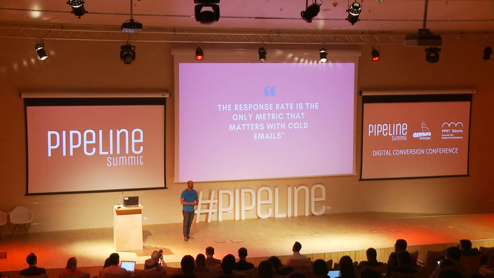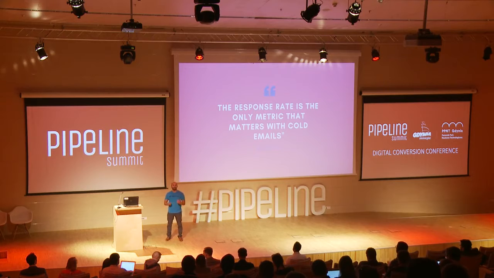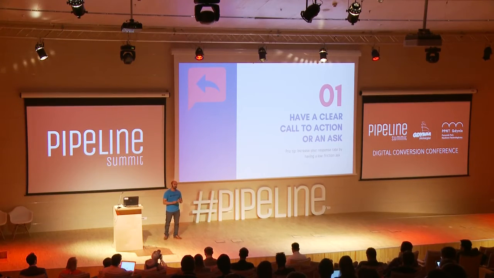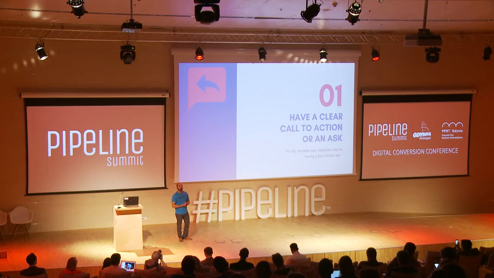At the end of the day, an open rate is not going to tell you if the person on the other end hates you. And oftentimes that is the case. That's going to be the case in a lot of sales jobs, but at the end of the day, response rate is the ultimate metric to focus on. So I'm going to walk you through about 13 different things you can use to improve the response rate and the success rate of your outbound emails.